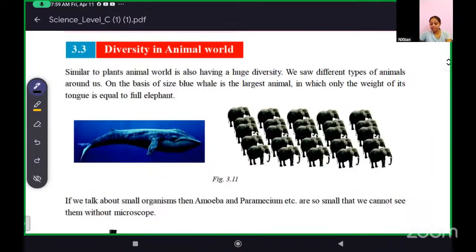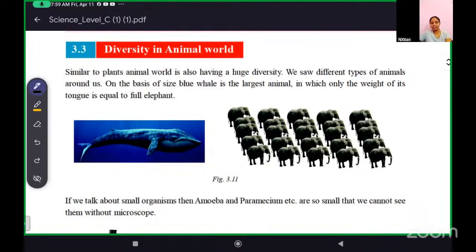It's because there's a picture showing 25 elephants. It's like the weight of its tongue is equal to one elephant. Maybe the whole thing equals 25.